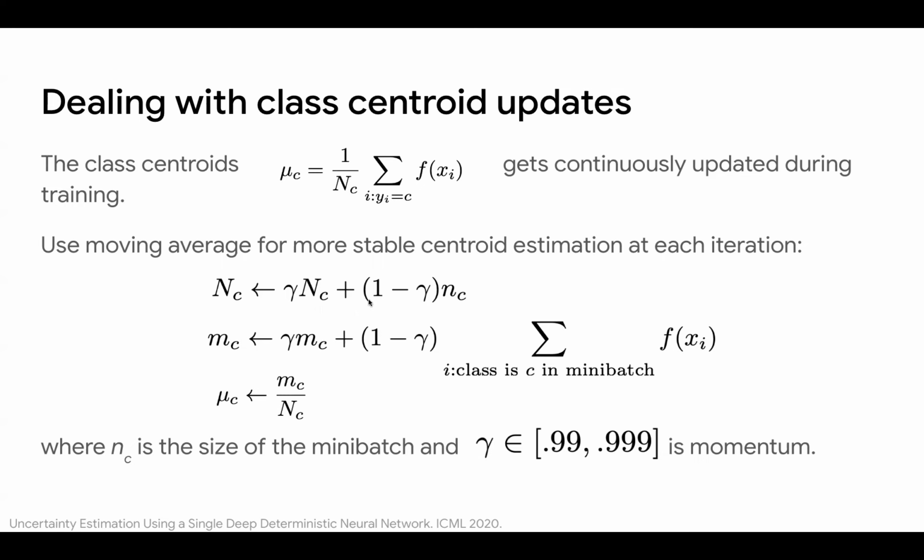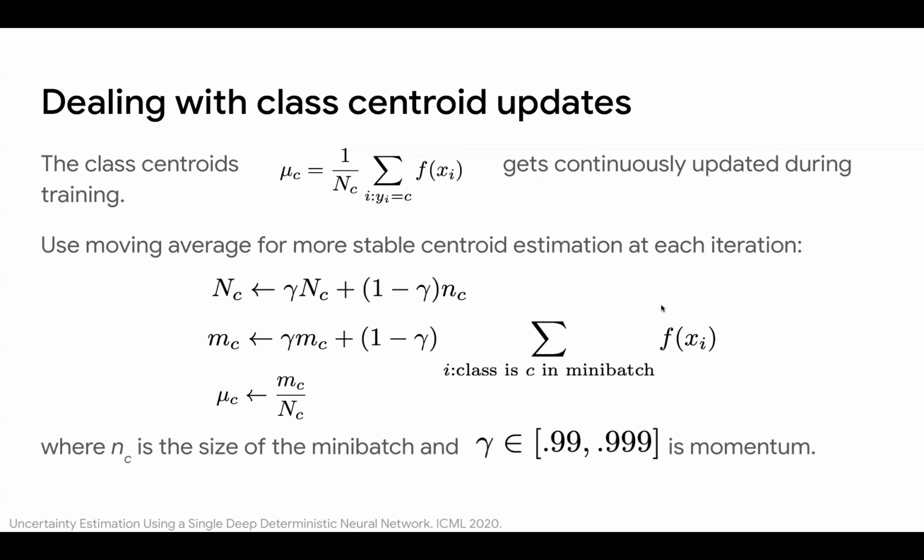So small NC is the actual size of class C in the mini batch, and large NC is the moving average. And MC here is the mean average feature location for that class. So you're taking the average here.